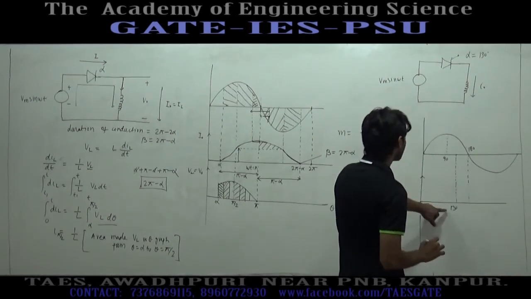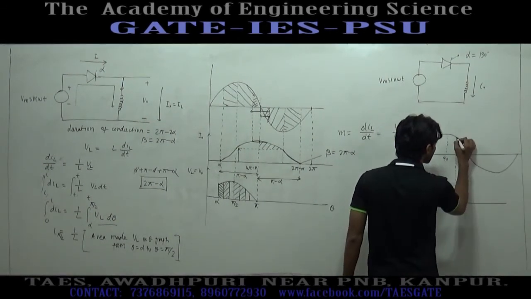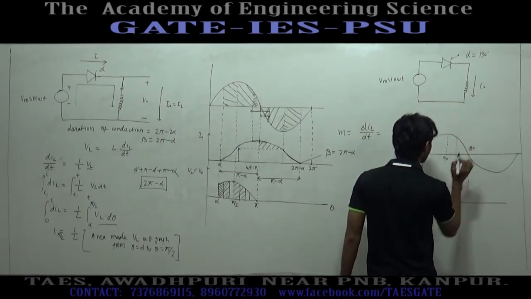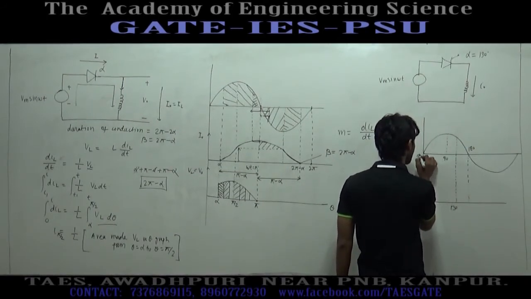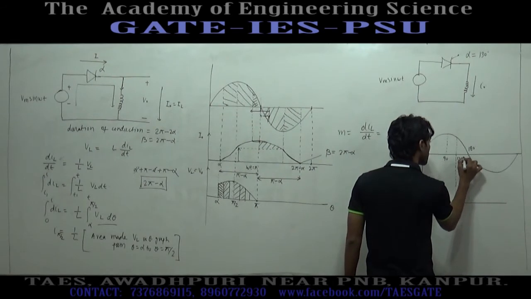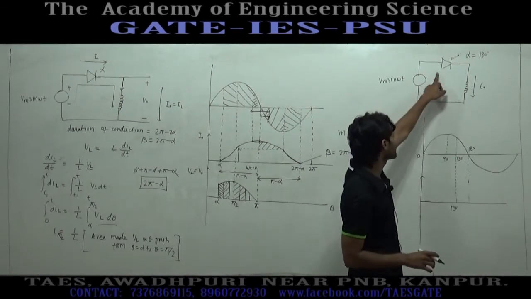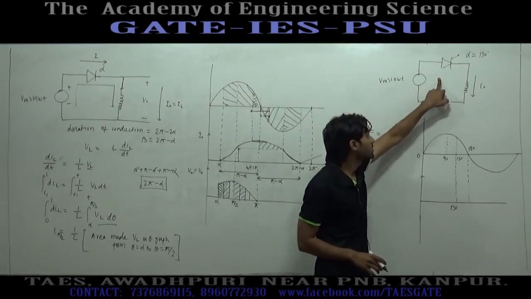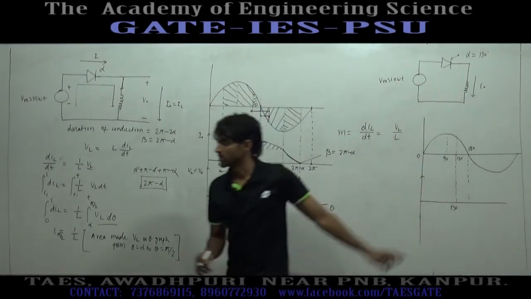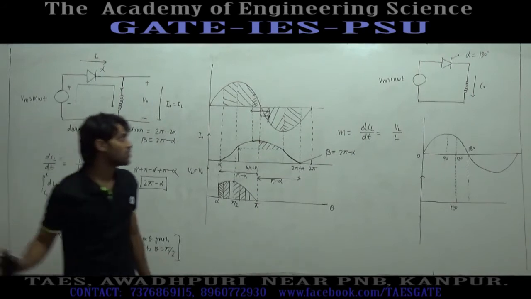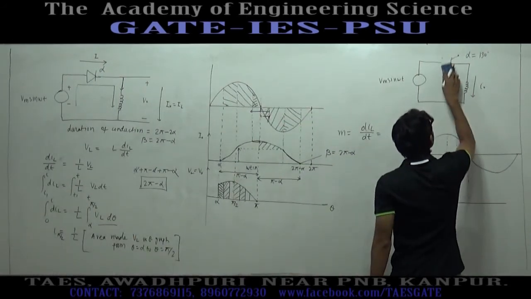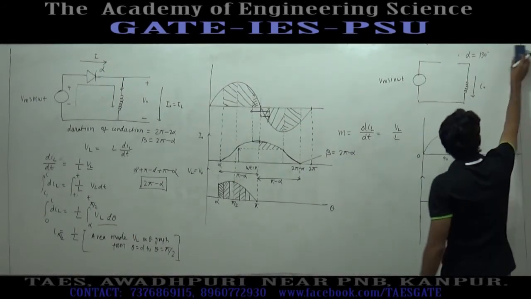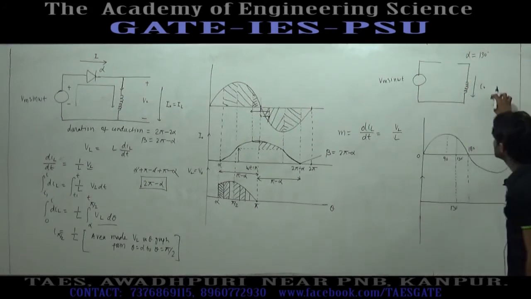From omega t equal to 0 degree to 130 degree, the thyristor will be in forward mode, but since it is not given a triggering pulse, the thyristor will not conduct and will be open circuited. So, from omega t equal to 0 to 130 degree, there will be no current.